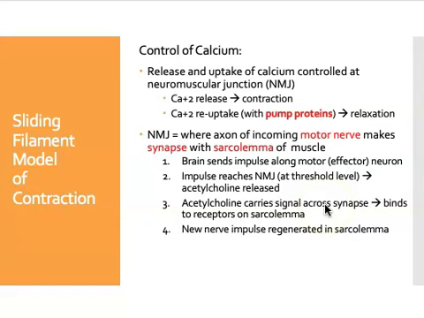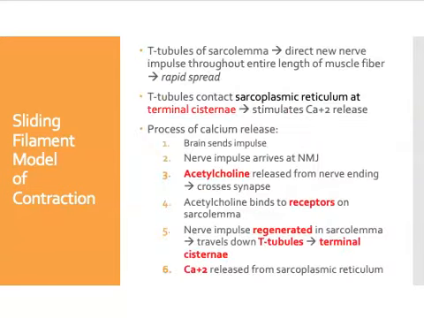And that causes the receptor to change shape, and the end result is that the nerve impulse will be regenerated in the sarcolemma. Remember, the sarcolemma is a special form of a plasma membrane. It is capable of transmitting electrical current. So now we have a nerve impulse traveling through the sarcolemma. Remember, we said nerve impulses travel in the form of what's called an action potential.